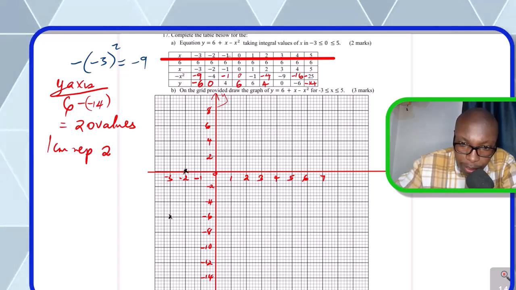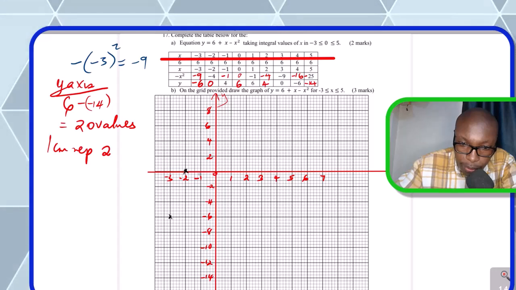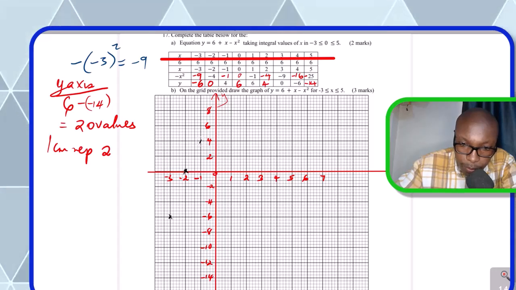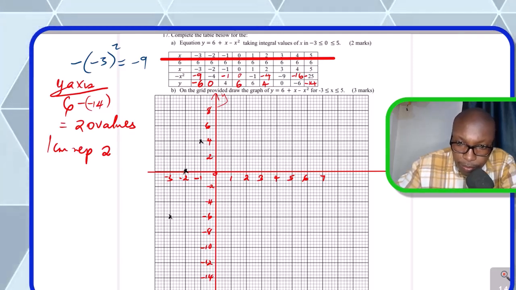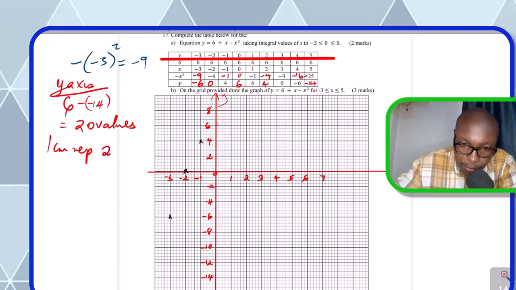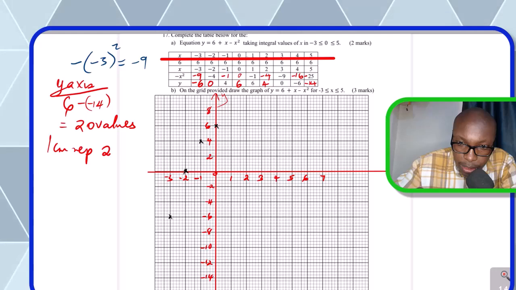When x is negative 1, y is 4, negative 1, 4, like that. And then 0, 6, not negative 6, 0, 6, and 1, 6.